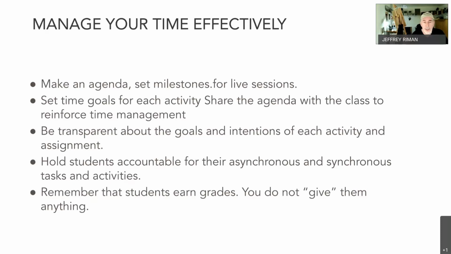Okay? You need to hold students accountable for their asynchronous and synchronous tasks and activities. So when you're doing a lot of group work in class, it's important to walk around and actually look at what the students are doing. Now, I do something that's incredibly old school analog.